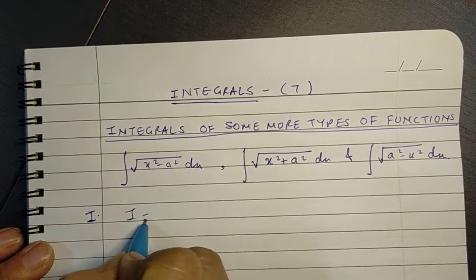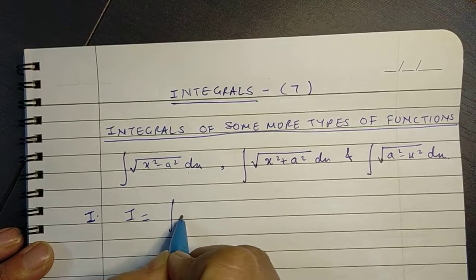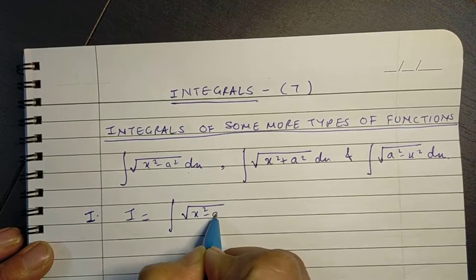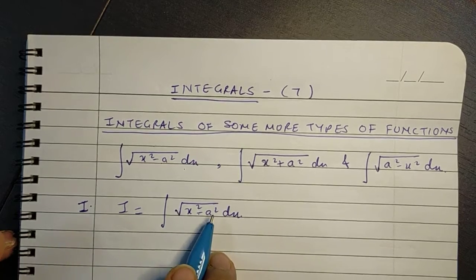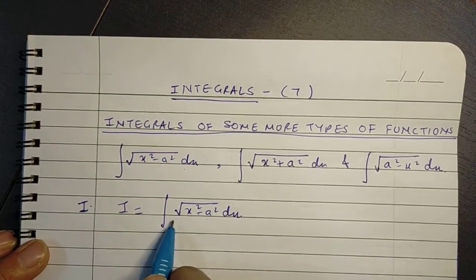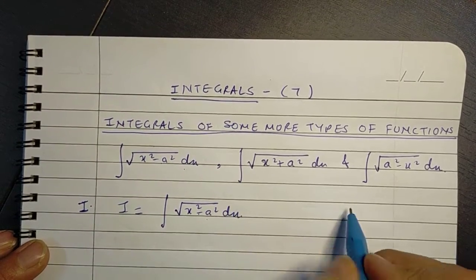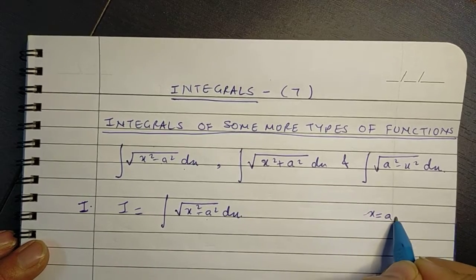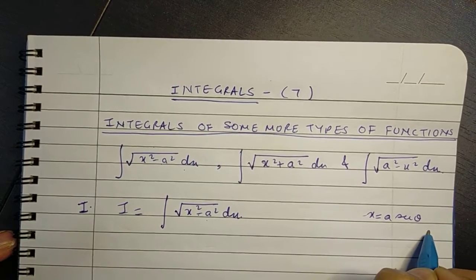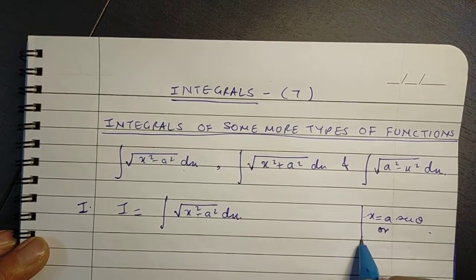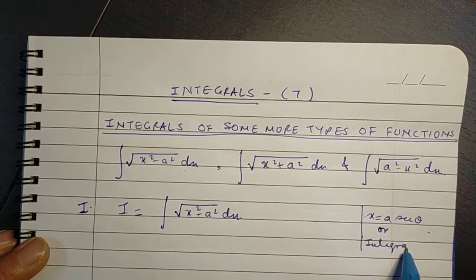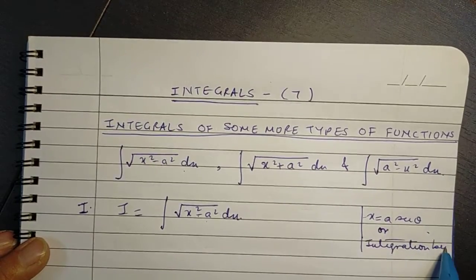So suppose I is equal to integral of square root of x squared minus a squared into dx. Now this can be done by substitution, that is, you can substitute x equal to a sec theta and then do the needful, or you could use the process of integration by parts.